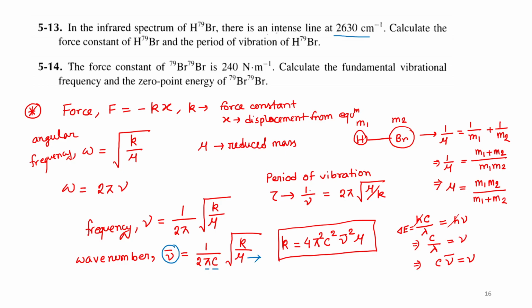But do you get it till now? Is there any confusion up to this point? If we put the value of force constant K in the formula nu bar equals 1 by 2 pi c root K by mu, we get the same thing on both sides.